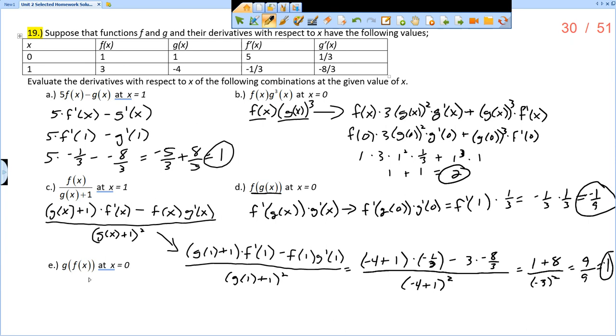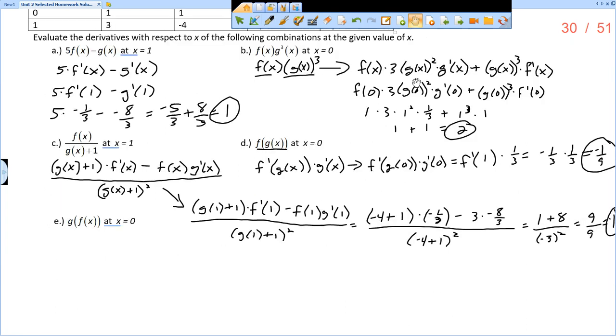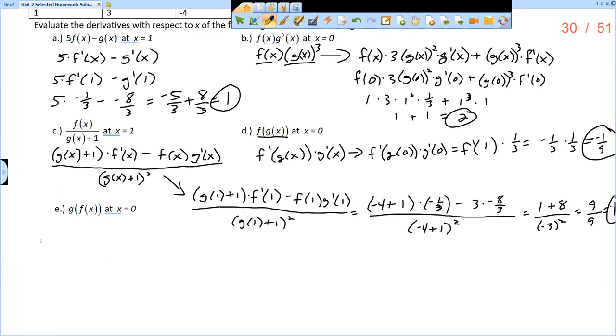And then E is very similar. It's just going to be g of f. So now I'm doing the reverse. I'm taking the chain rule, but applying it with g on the outside.